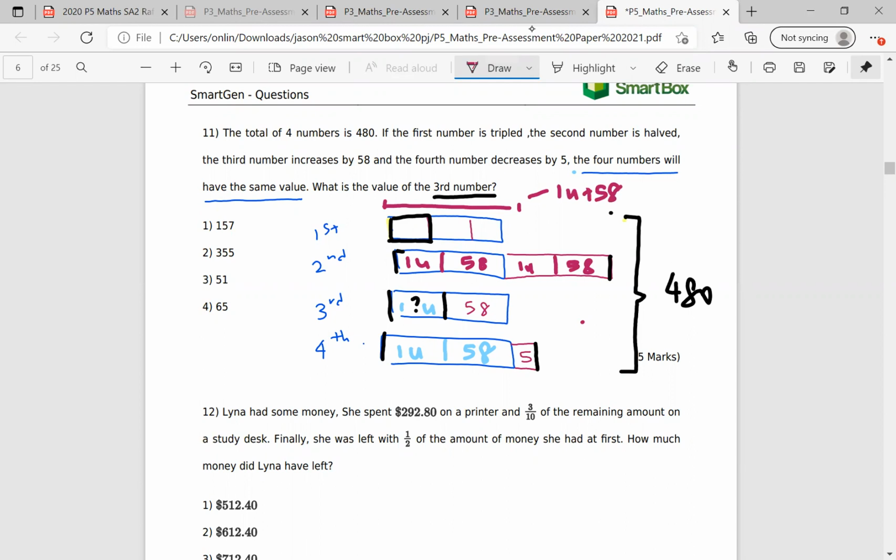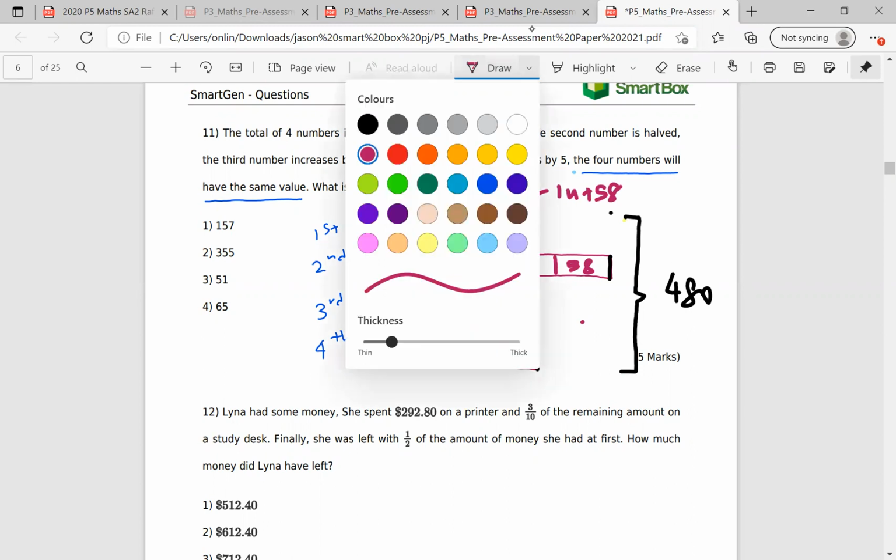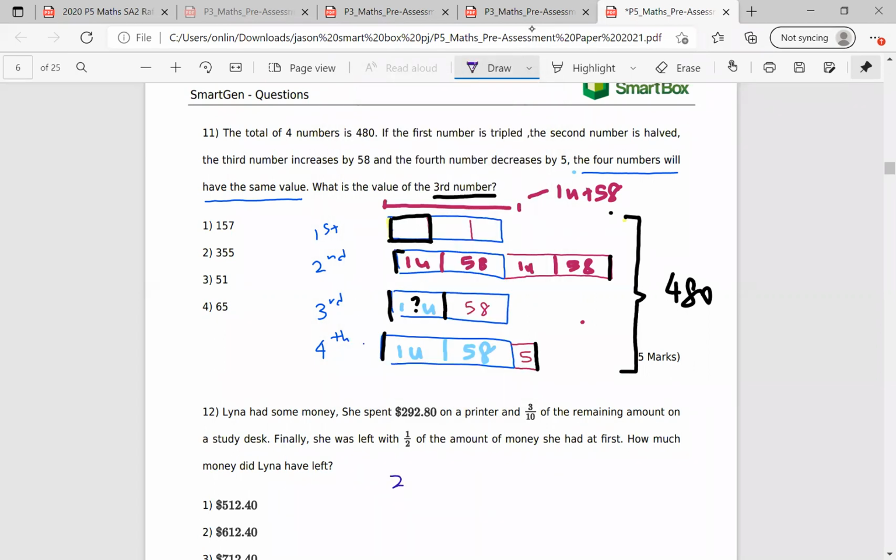So if I clear it up, what I should have here is, to clarify things, the second one is equal to 2 units plus 58 times 2, which is equal to 2 units plus 116.